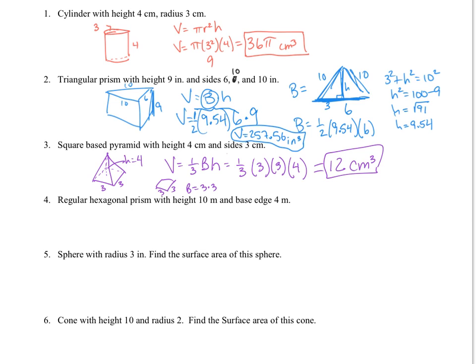All right, number 4 says a regular hexagonal prism with a height of 10 and base edges 4. So this time we've got this hexagonal prism. Tough to draw.